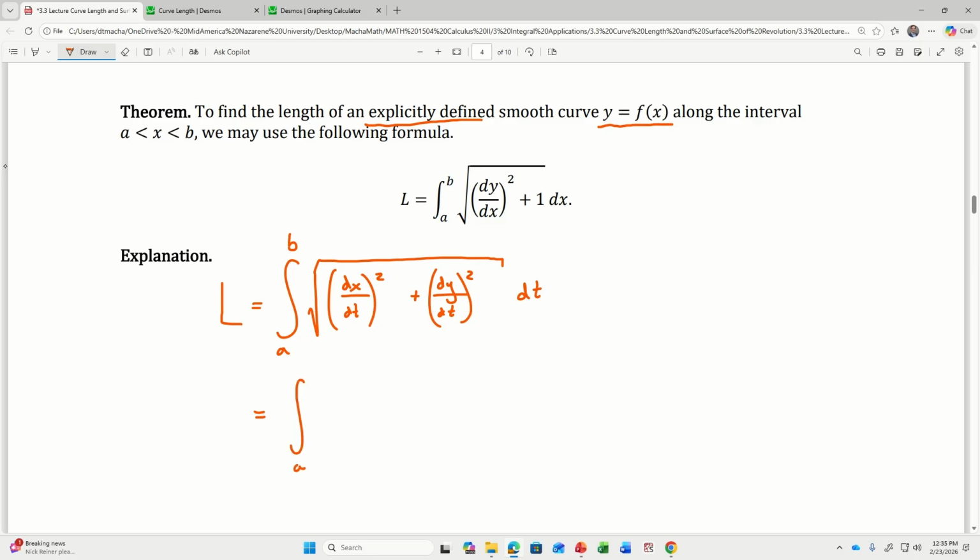This is the same thing as this, because these dt squareds in the denominator inside the square root cancel out this dt in the numerator on the outside of the square root.